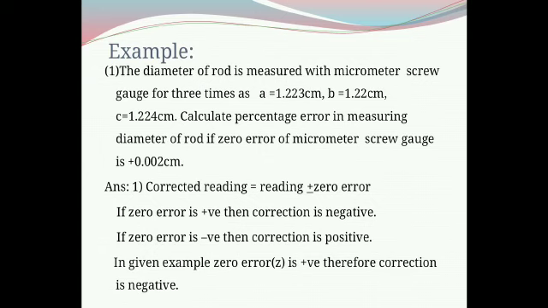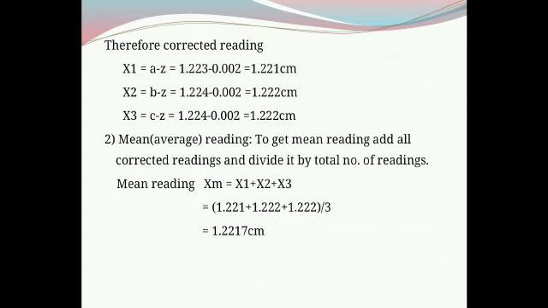Now we find the corrected readings. x1 equals A minus Z, that is 1.223 minus 0.002. The answer is 1.221 centimeter. x2 equals B minus Z, that is 1.224 minus 0.002. The answer is 1.222 centimeter. And x3 is C minus Z, that is 1.224 minus 0.002.